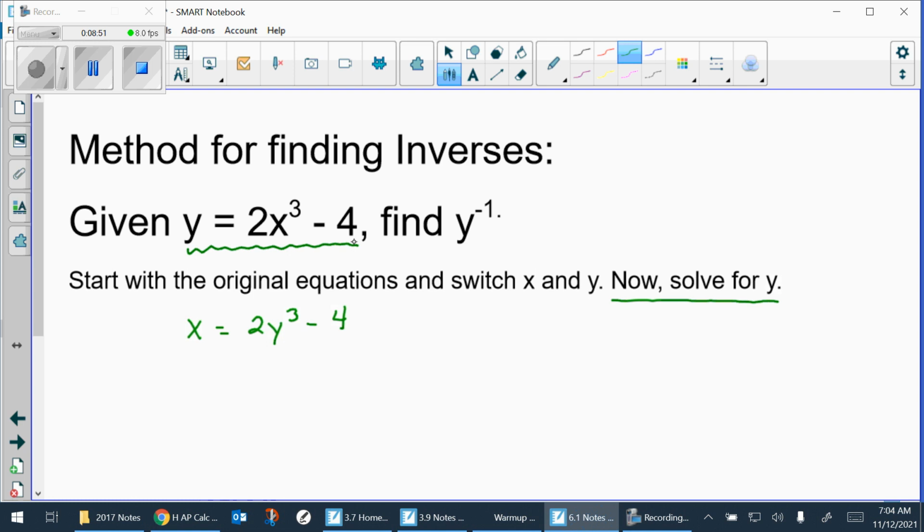Okay, let's solve for y. I think the first thing I do is add 4 to each side. So x plus 4 equals 2y cubed. In an effort to get y all by itself, what would you do next? I think I'd divide by 2 also. So x plus 4 over 2 equals y cubed.